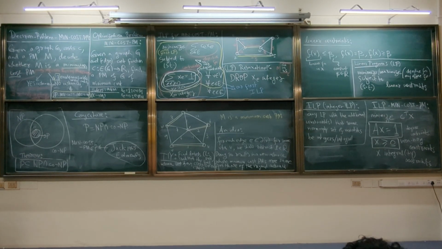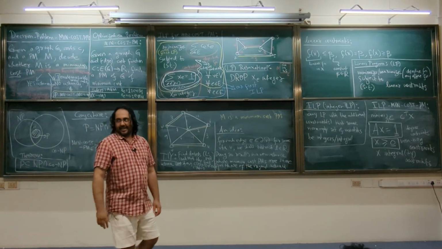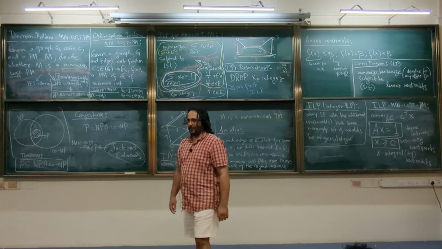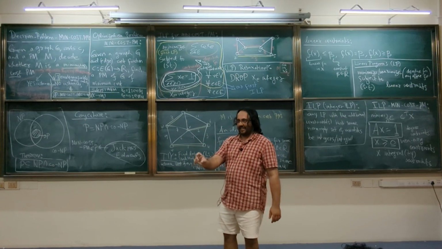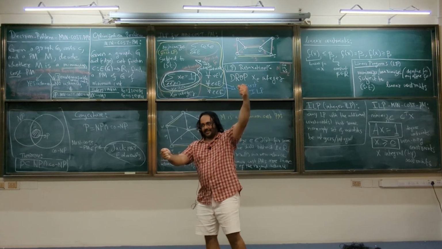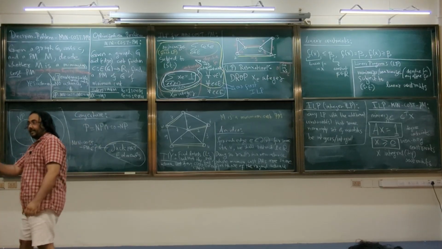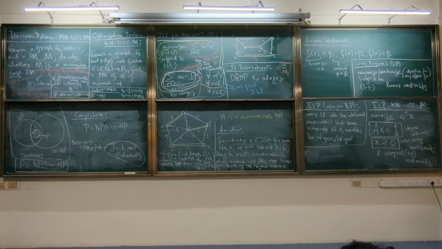Yeah? You agree that it will not change the set of minimum cost perfect matchings. Think of one vertex at a time. If you do it at one vertex, it doesn't change. Do it at the next vertex, doesn't change. Do it at every vertex. Right? But different vertices can have different labels.